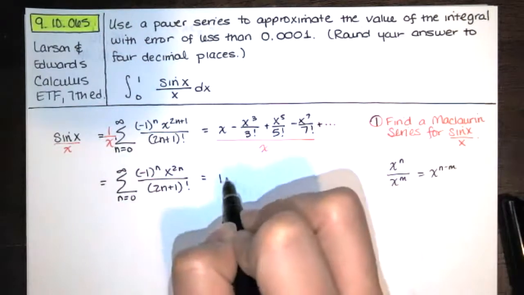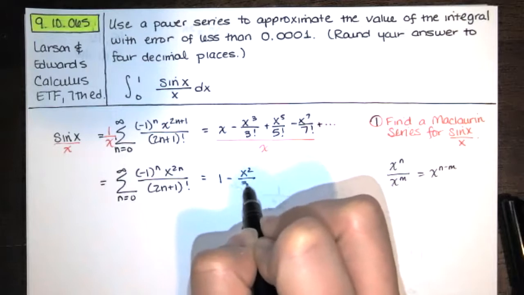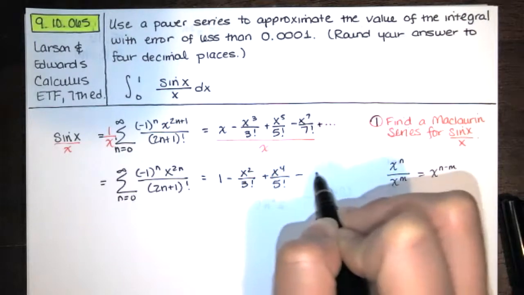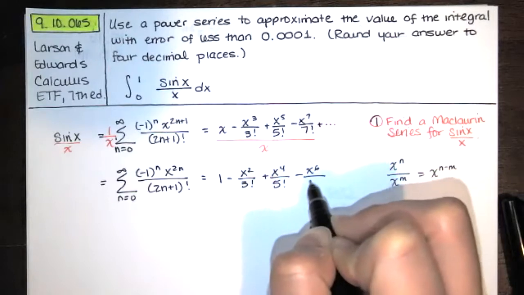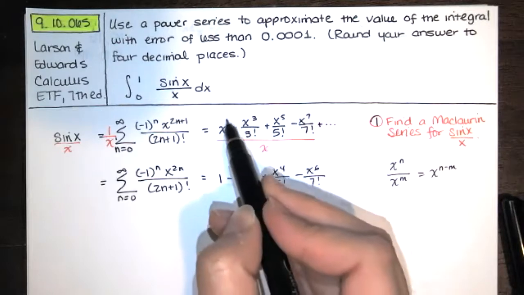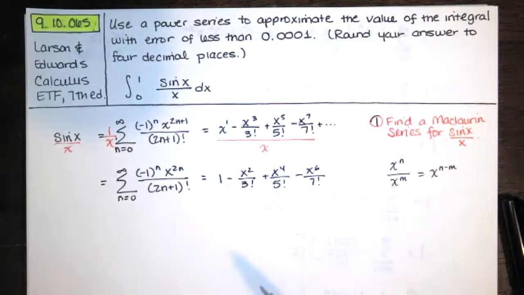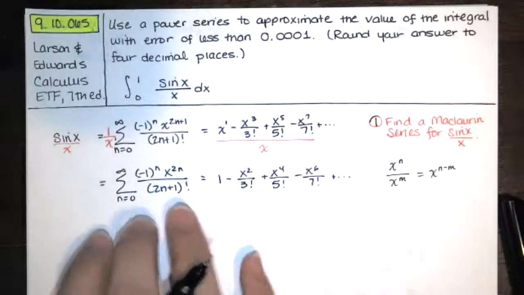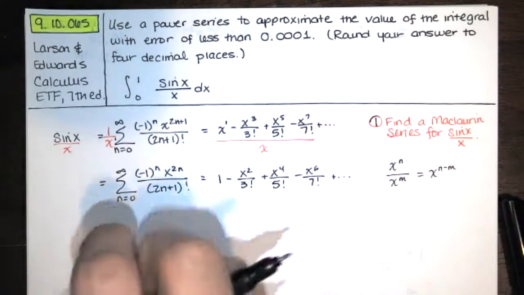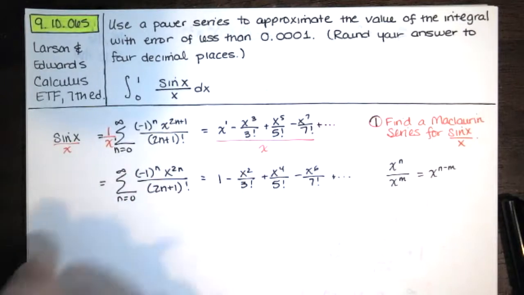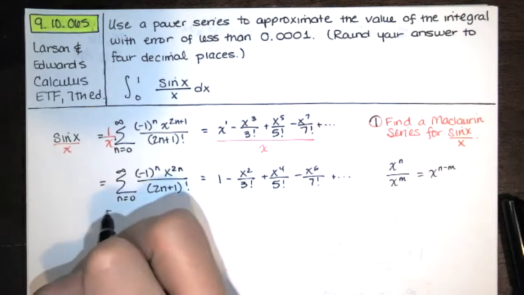X divided by x is 1. Then we'll have x squared over 3 factorial plus x to the 4th over 5 factorial minus x to the 6th over 7 factorial, because we're taking each of these powers of x and decreasing them by 1, since we're dividing by x. So this is the series, but we should add that it is the series for this provided that x is not equal to 0.